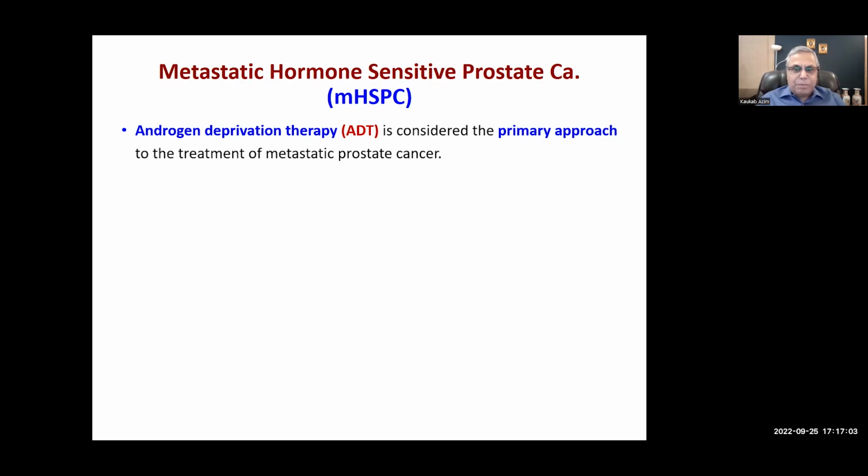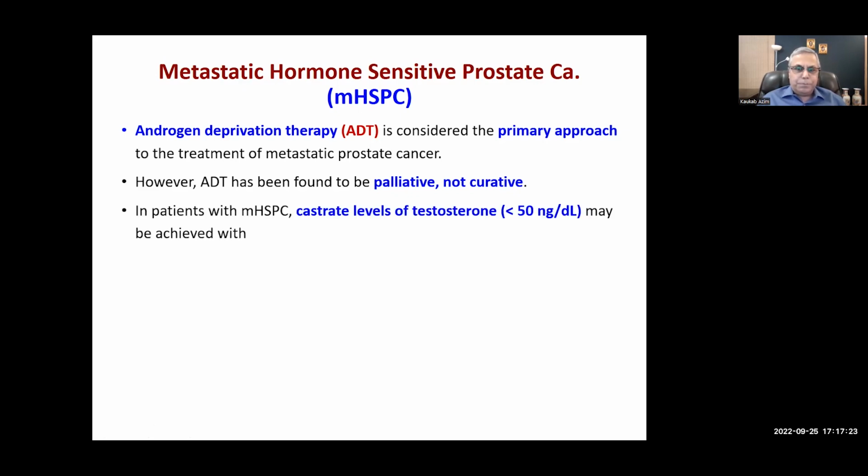Some people say it's even better than giving the drugs or this androgen deprivation therapy, pharmacologic therapy, because the drugs have got their side effects, okay? So, but unfortunately, metastatic cancer is not curable, so we might have to give palliative therapy in the end.